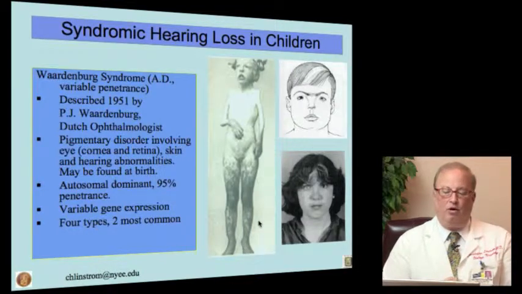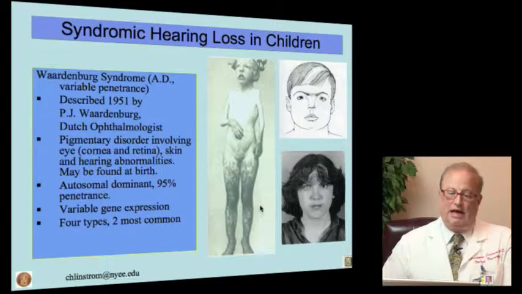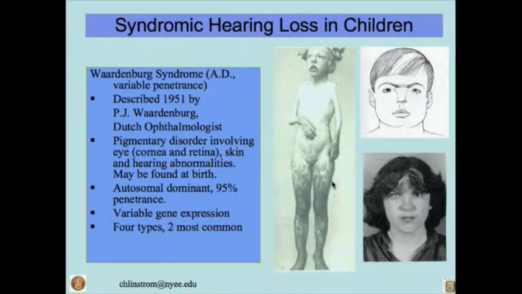Waardenburg was a Dutch ophthalmologist, and around 1951, Pieter Waardenburg took care of this young proband, this young girl. Her left arm actually did not look like that. That's a Photoshop error. Anyway, she had deafness, and she also had pigmentary changes in her corneae. She also had vitiligo, so you can see she's somewhat albinoid on the top, and she has more pigment in the bottom.